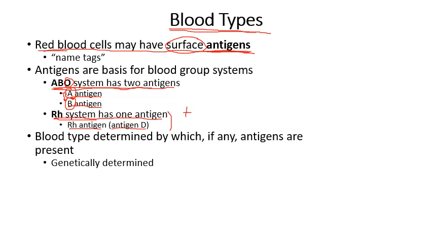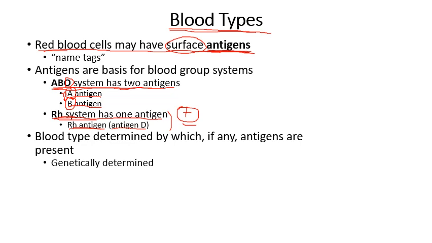You're whatever of AB, A, B, or O, and then positive. If your blood doesn't have the antigen, then you're negative. For me, I'm AB. I have both antigens, and I also have the rhesus, so I have all three antigens and I am AB positive, because the blood type goes by what antigens you have.